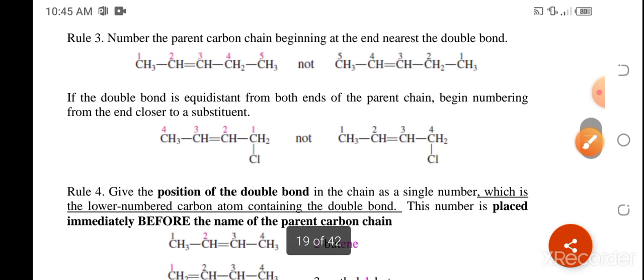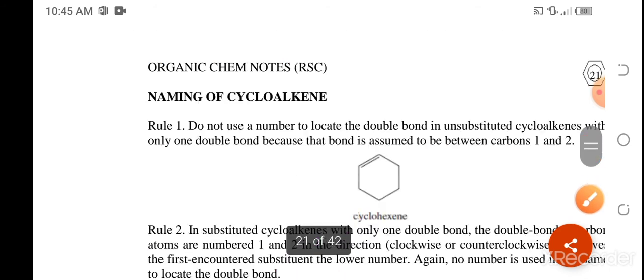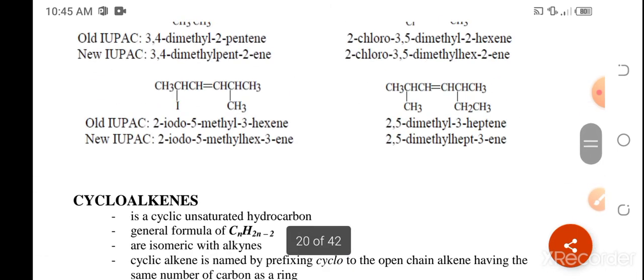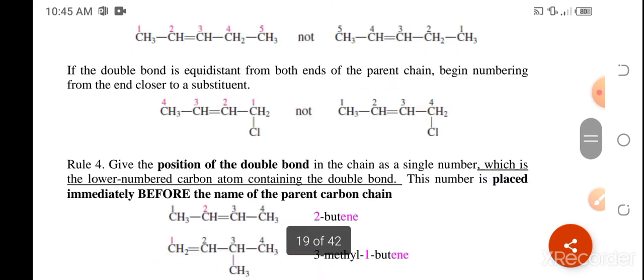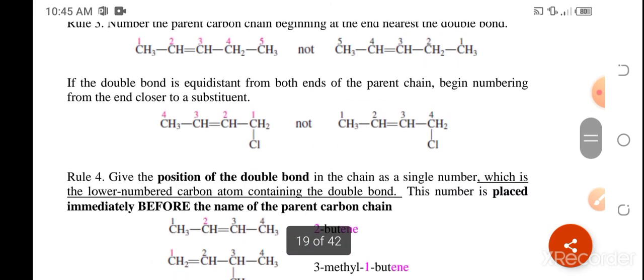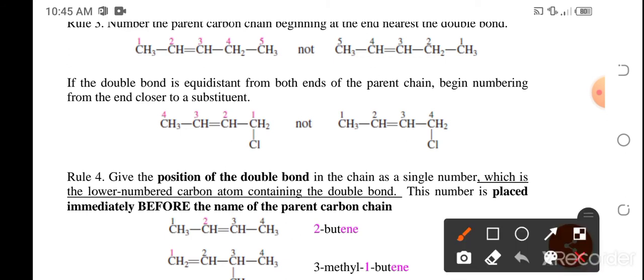Okay, so if you're going to... where are we? Here, sorry. If we are going to number this structure, the double bond is between 2 and 3. Okay, and 2 and 3, they are just the same.